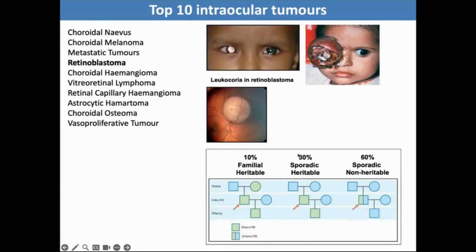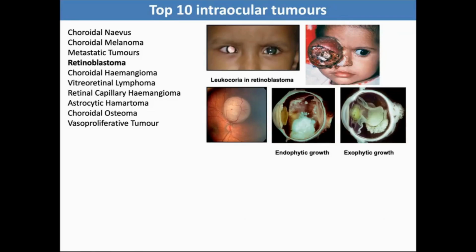As you probably know, retinoblastomas can be familial, and so can be inherited, and are associated with then a mutation of the RB gene. However, they can be sporadic and such that the RB mutation is only present in the proband, and there is no family history.